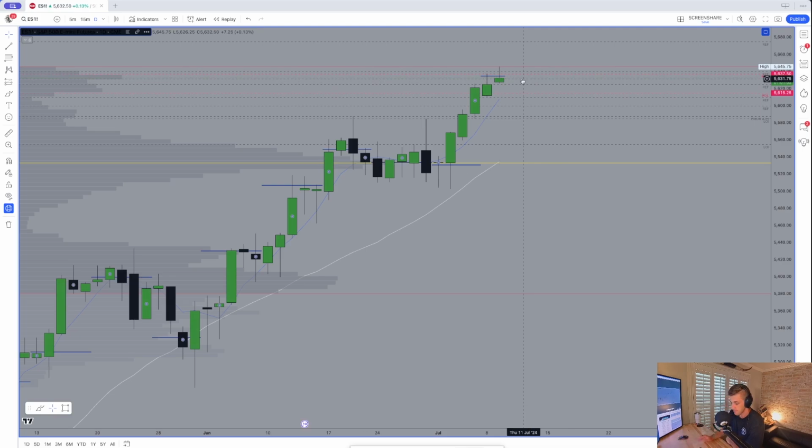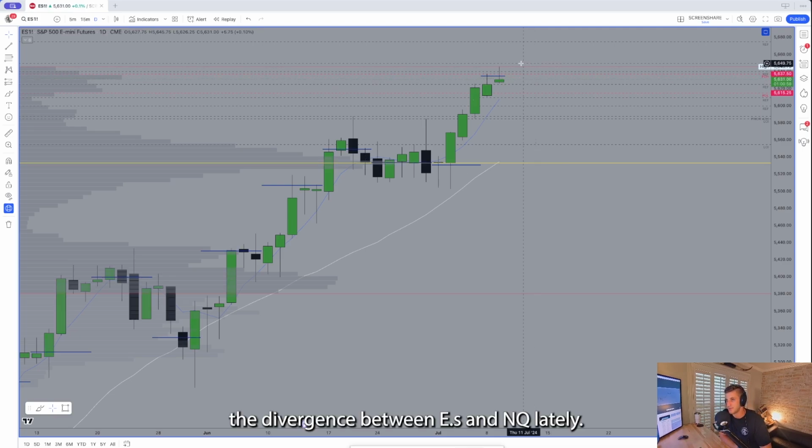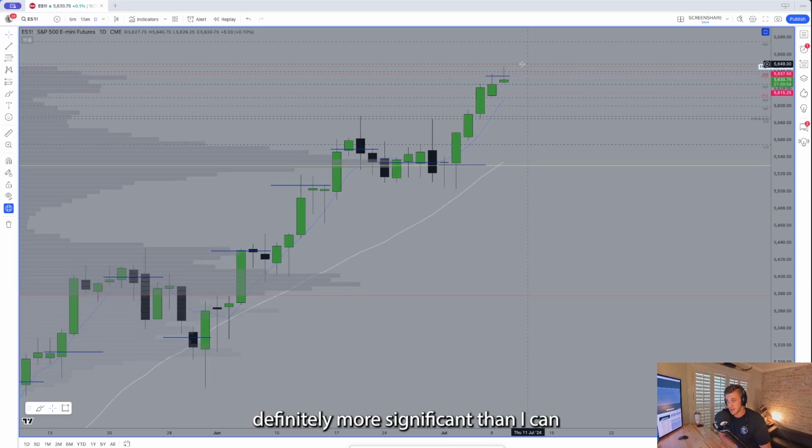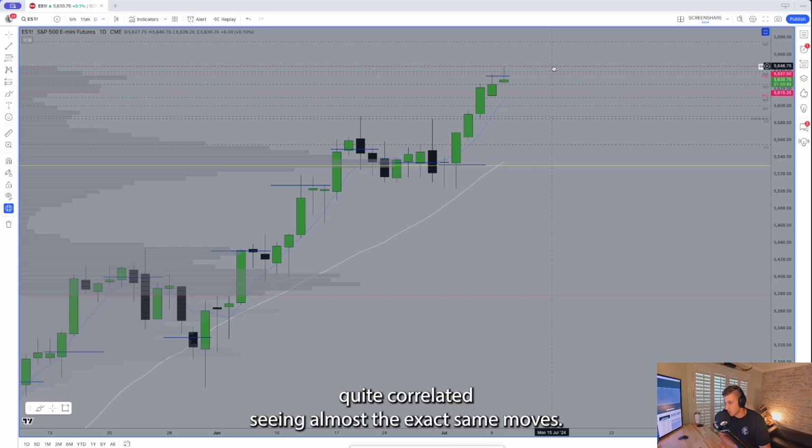We've been noting the divergence between ES and NQ lately. It has definitely been more significant than I can remember in at least recent memory. And so they should be treated differently. They should be traded differently. They used to be quite correlated, seeing almost the exact same moves, right?